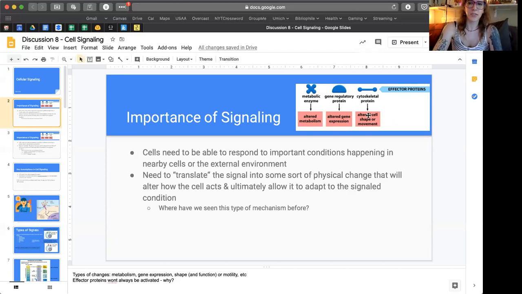Each of these changes that I was talking about is regulated by an effector protein, something that will cause that change to happen. And we want those to be able to be turned on under certain circumstances. The rest of this discussion is going to be talking about how we can get those effector proteins to be activated based on receiving a signal.